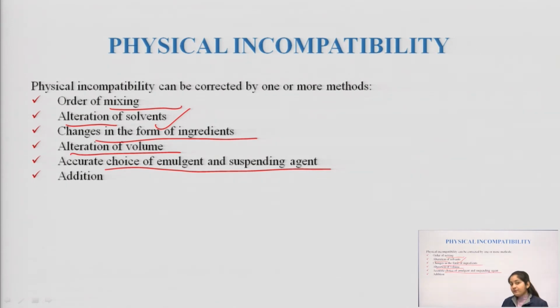So, when we choose the wrong suspending agent, definitely what we are going to get is a physical incompatibility. So, while choosing different types of emulsifying agent while making emulsions, or different types of suspending agent while making suspensions, we have to be more clear and more precise.